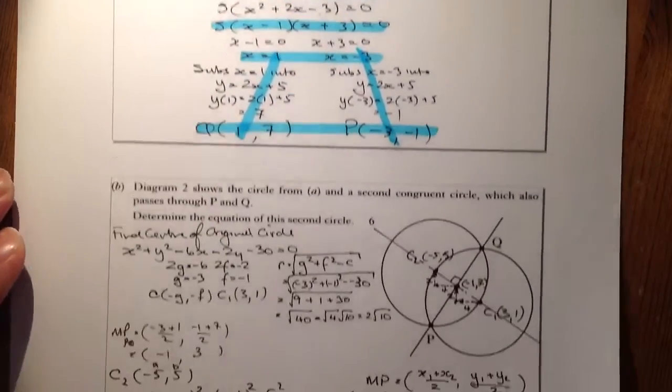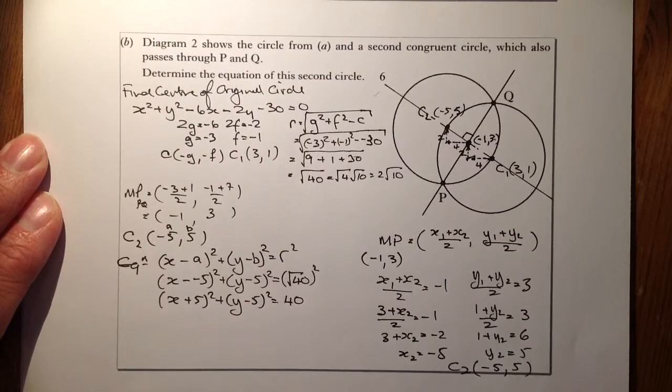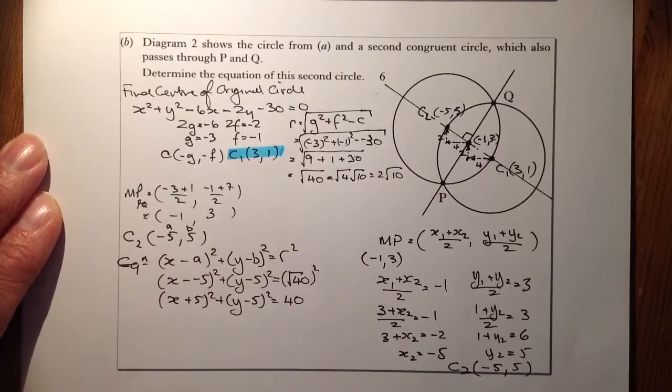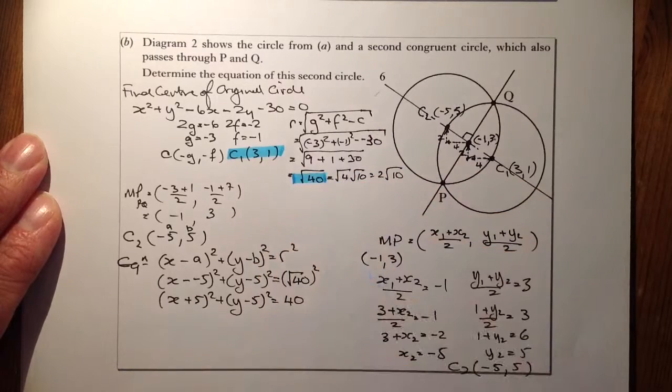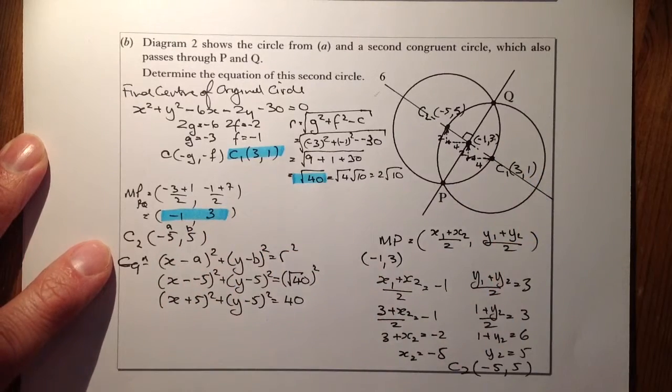Right, let's move on to part B and just get the marking for that one. Right, so the first mark we'll get will be for the centre of the original circle. We'll get another mark for the radius, and we'll go for just the root 40 for that one there. I'll get 1 mark for getting the midpoint, PQ.